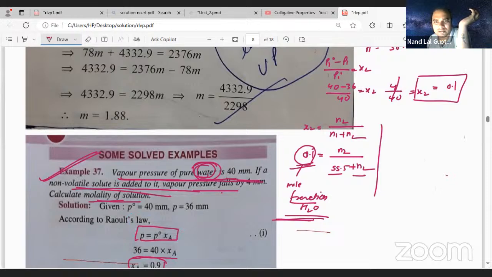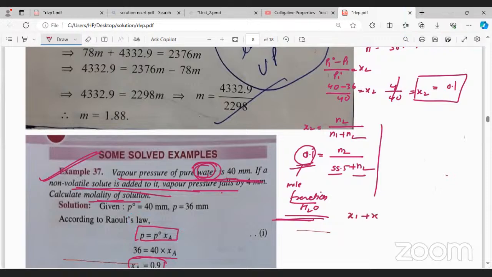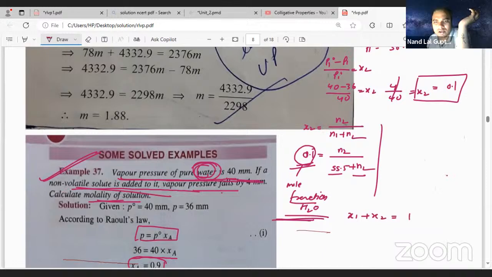So x1 plus x2 is equal to 1, and we require this x2. Considering x1, it is 1 minus 0.1, so x1 is equal to 0.9.